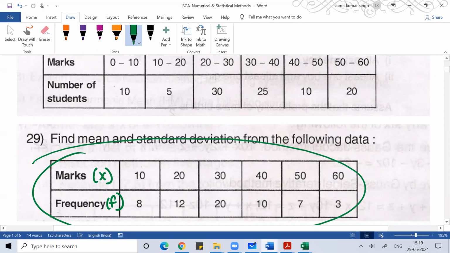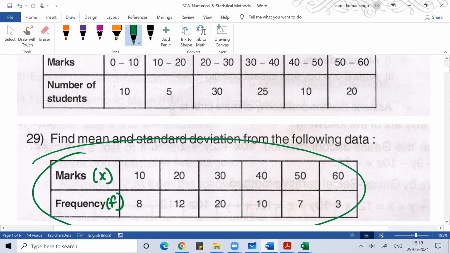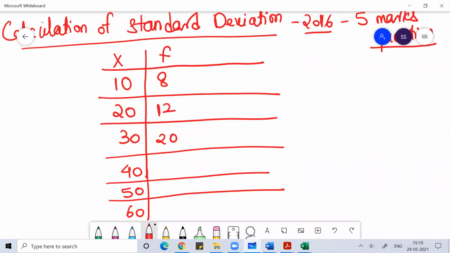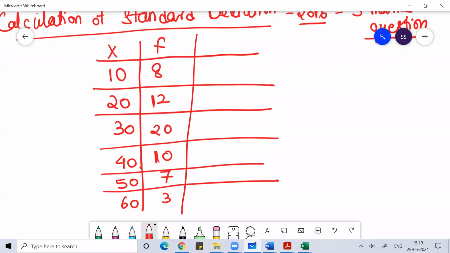That is given 8, 12, 20, 10, 7, 3. So guys, these values are given to you. With respect to these values, you have to find the standard deviation.